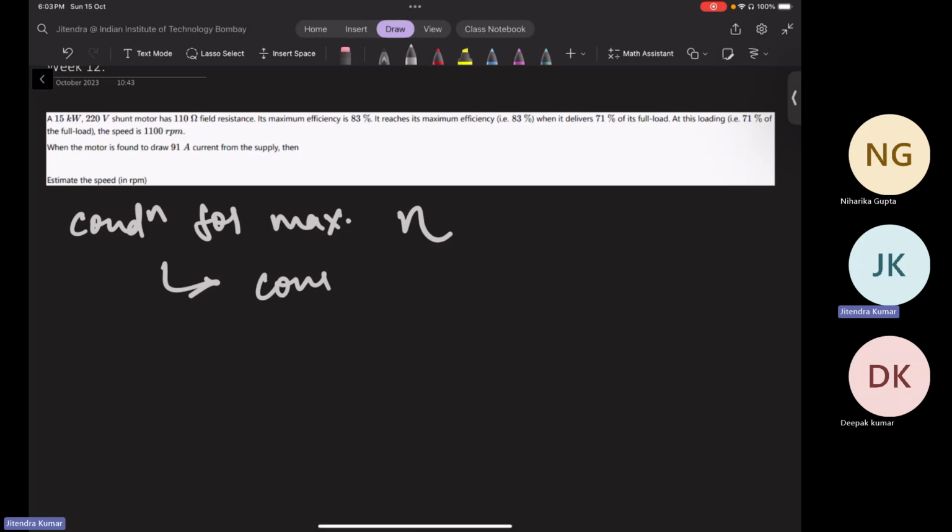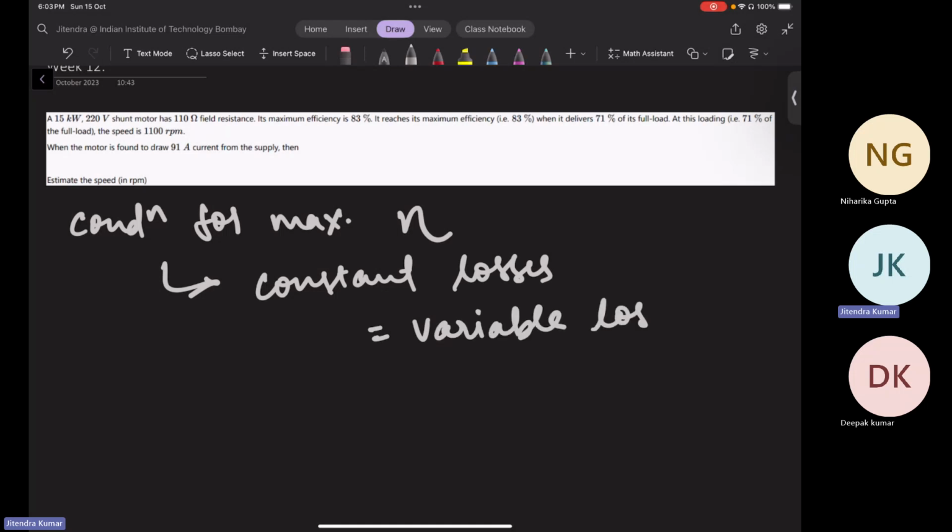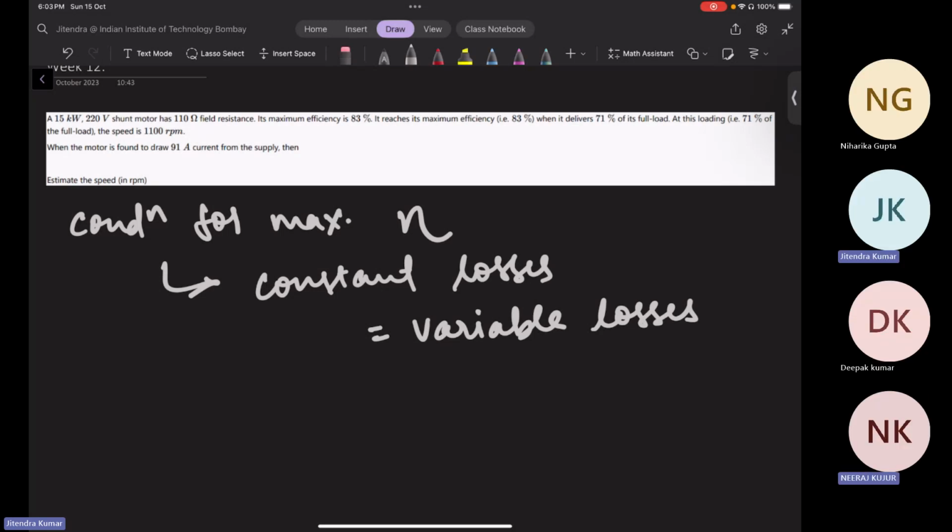When constant losses are equal to variable losses. Okay, so that value is given as 83%. Now it reaches its maximum efficiency when it delivers 71% of its full load.